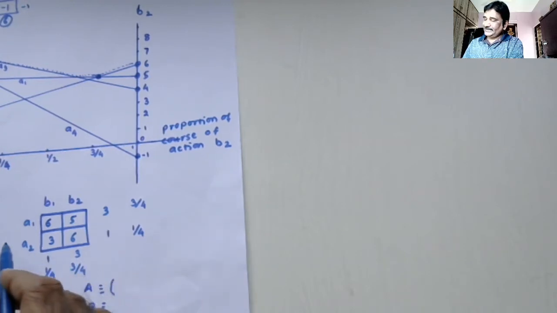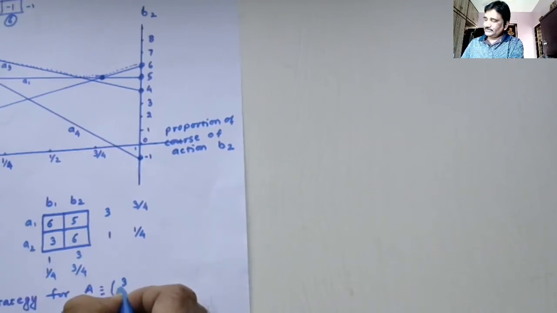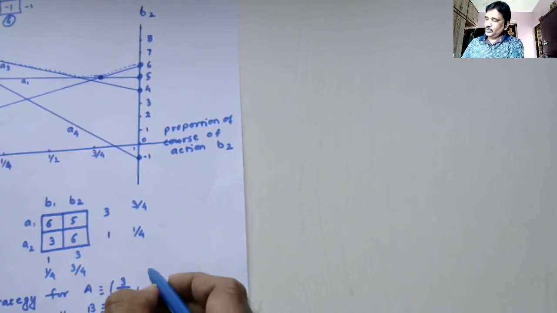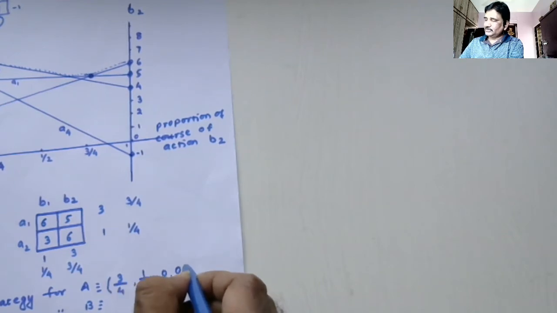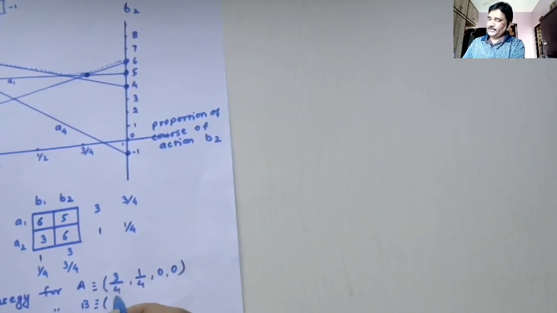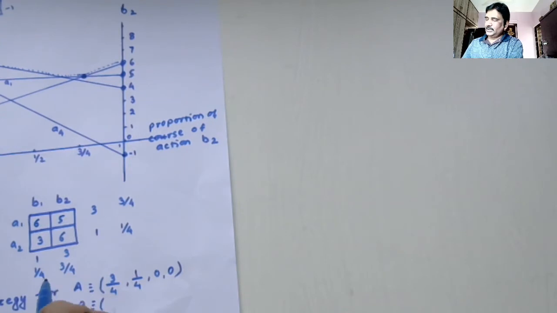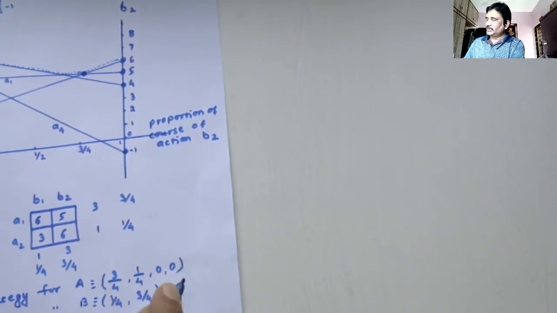Player A plays A1 in 3 by 4 proportion, A2 in 1 by 4 proportion, and A3, A4 he is not playing, so 0 for those. Player B plays B1 in 1 by 4 proportion and B2 in 3 by 4 proportion, and there are no other courses of action.